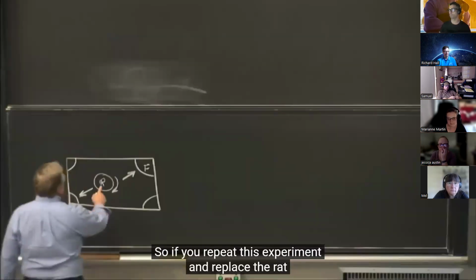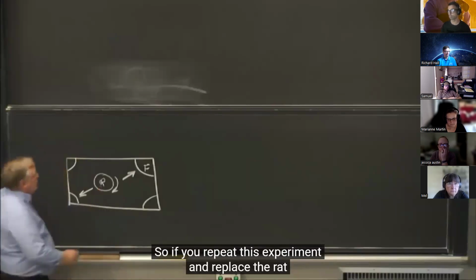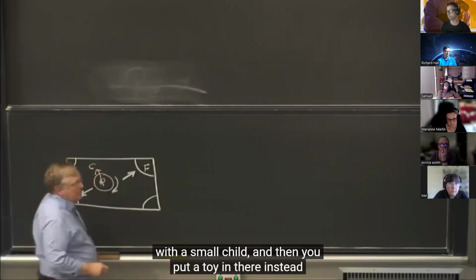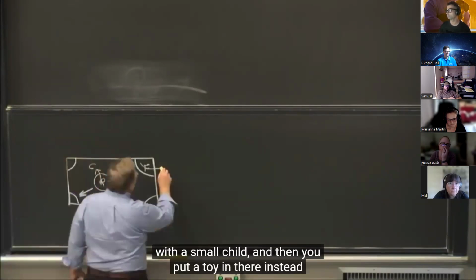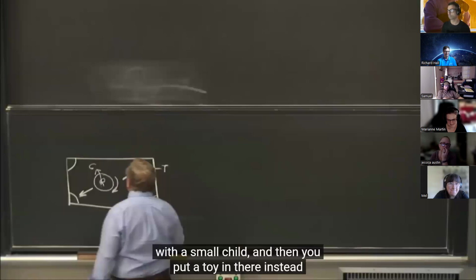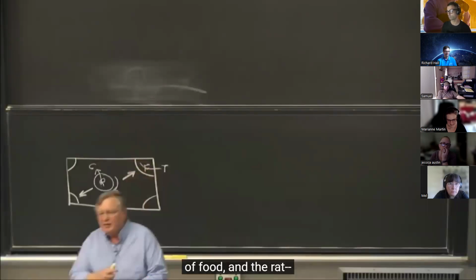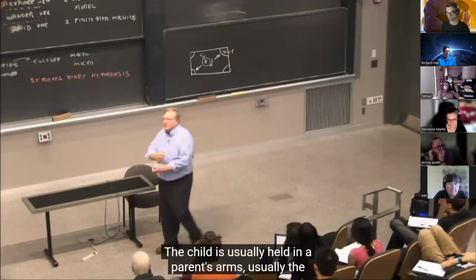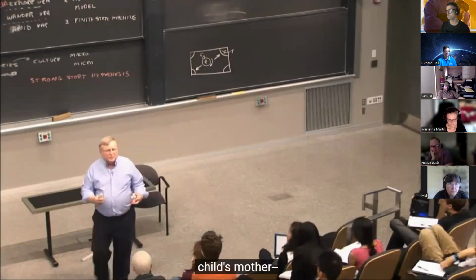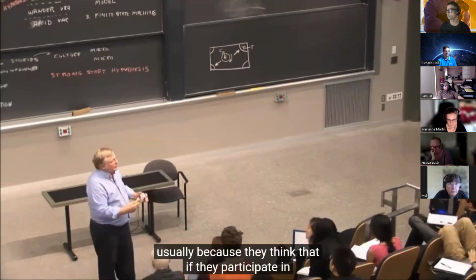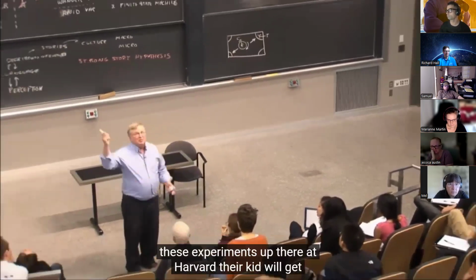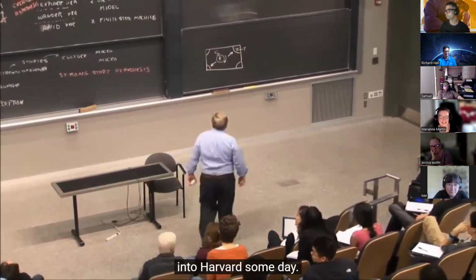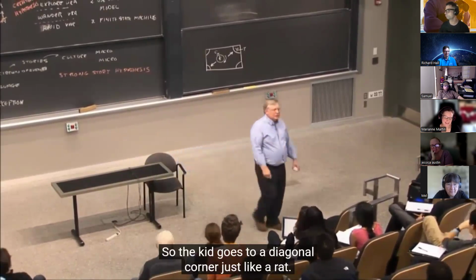So if you repeat this experiment and replace the rat with a small child, and then you put a toy in there instead of food, the child is usually held in a parent's arms, usually the child's mother, usually because they think that if they participate in these experiments up there at Harvard, the kid will get into Harvard someday. So the kid goes to the diagonal corners, just like a rat.